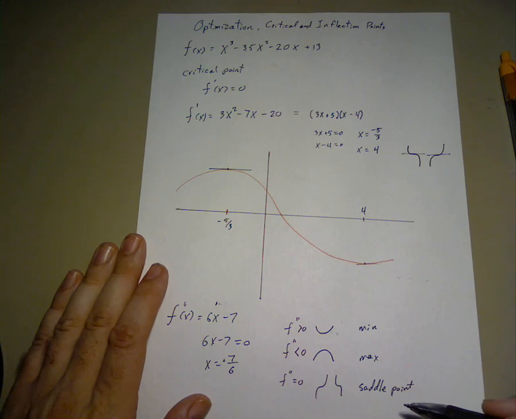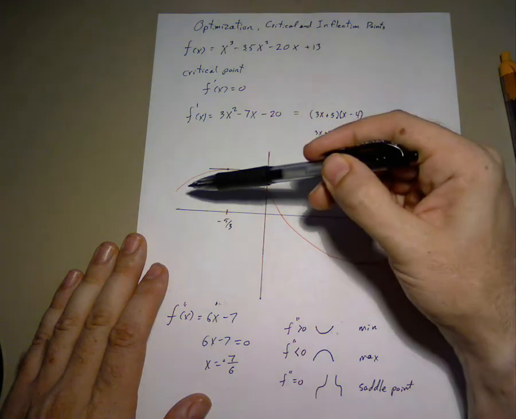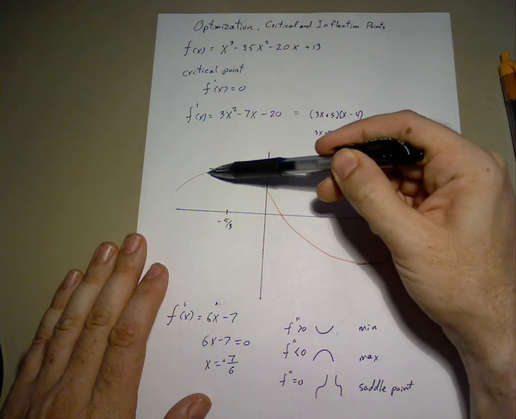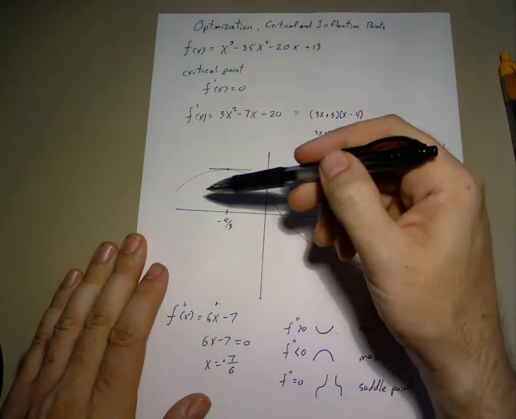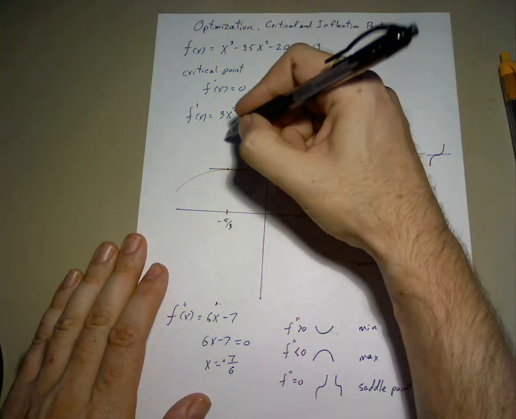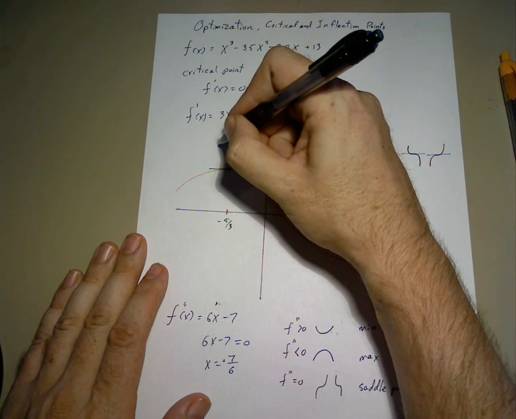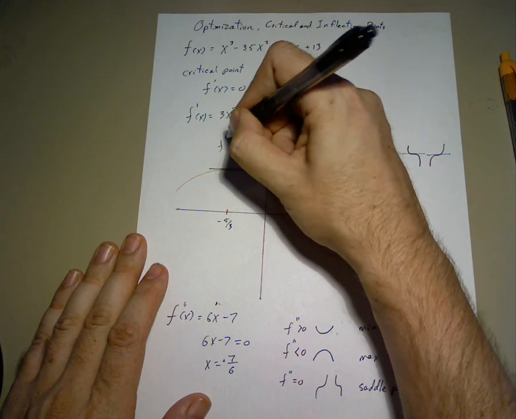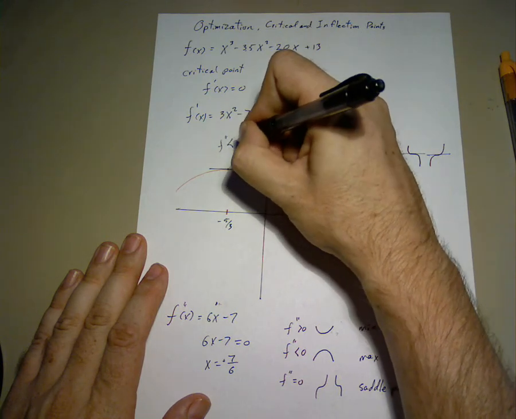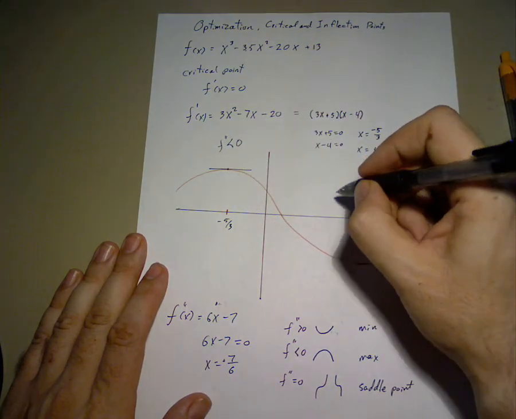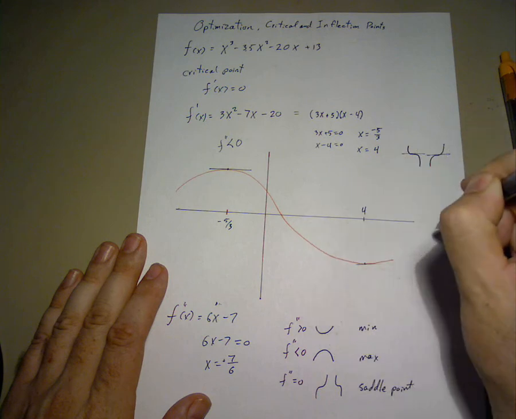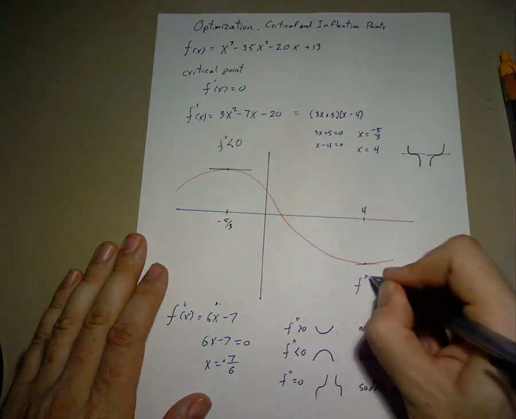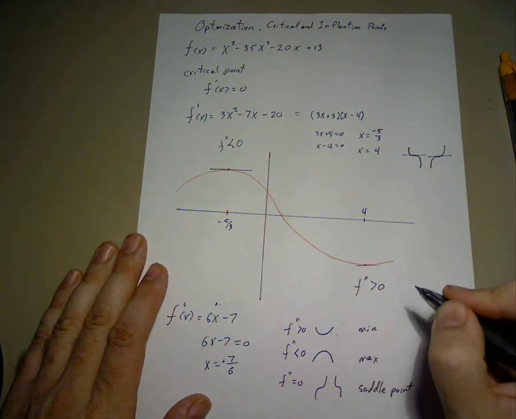Now, in our function, we have first an arching top, and here we'd expect the second derivative to be negative, less than 0. And over here, since we're getting a valley type shape, a bowl type shape, we'd expect the second derivative to be greater than 0.